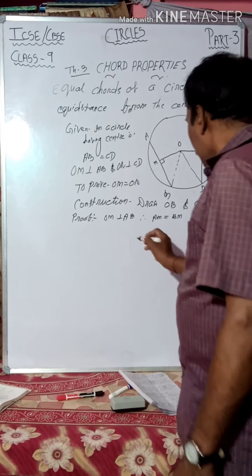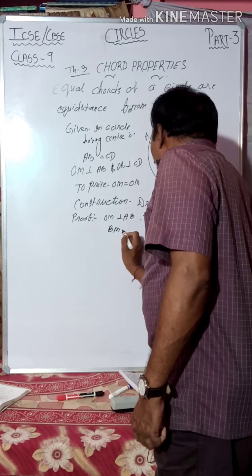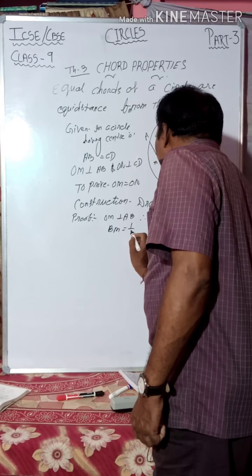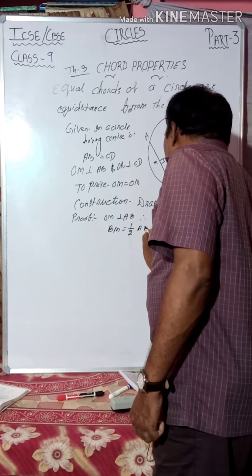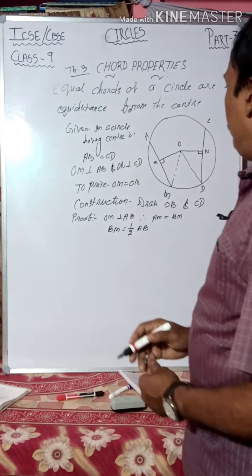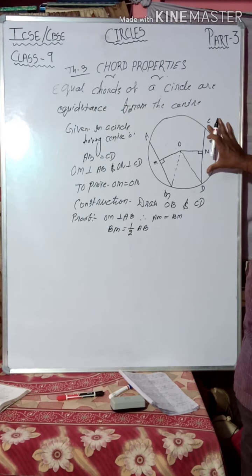AM is equal to BM, means BM is equal to half AB. Likewise, DN is equal to half CD.